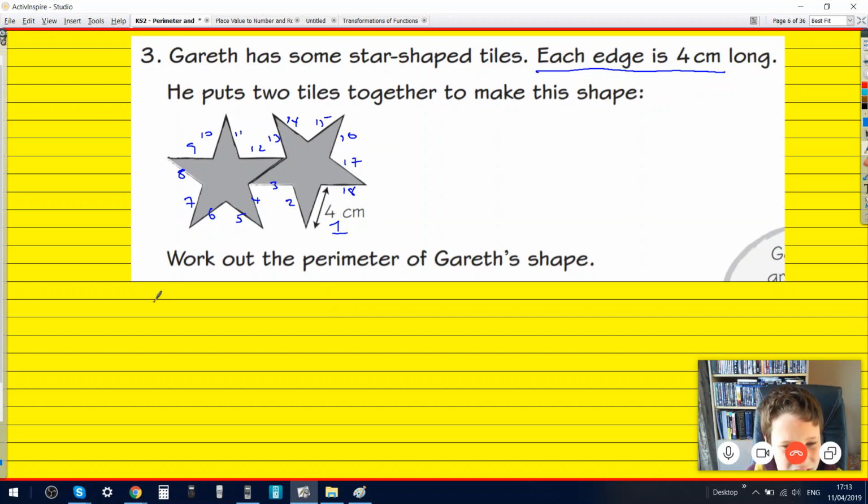Well, there's 18 sides, and since they all are 4 centimeters long because of what the question says, a quick way to do it is to do 4 times 18. Yes. So, shall I do this on paper? Yeah, okay.